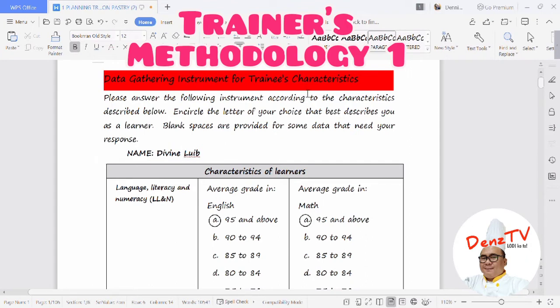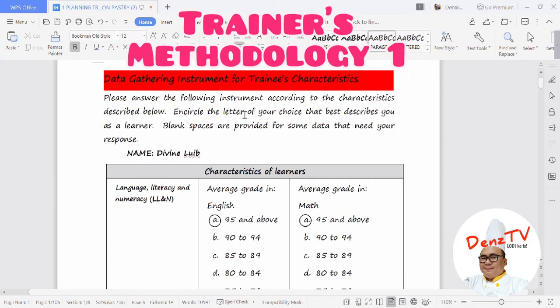In CBT, or competency-based training, we consider individual differences in training. Why? It's because CBT is self-paced. When we talk about self-paced, meaning you have to learn on your own, learn by doing.